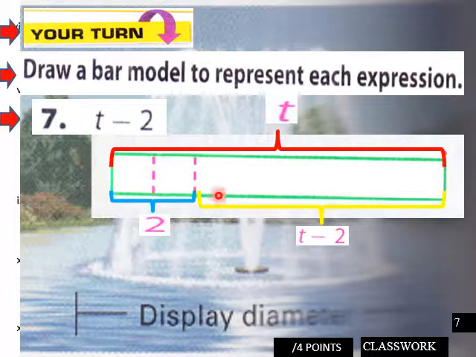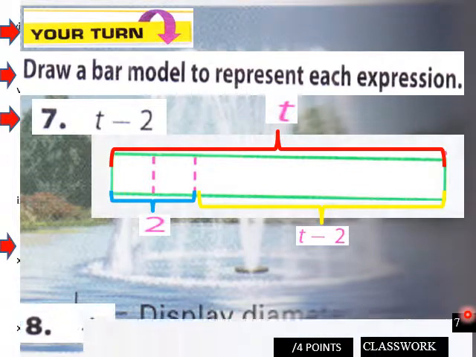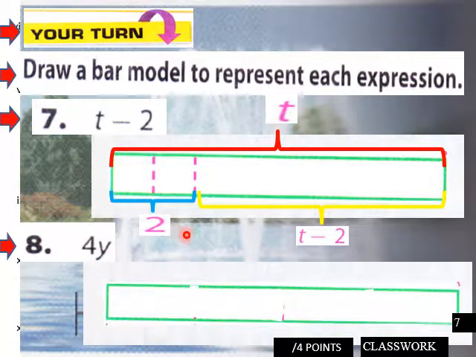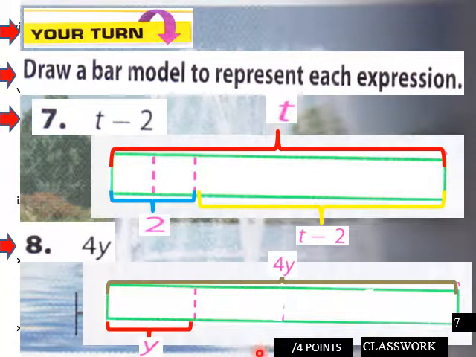This is very much a visualization of this mathematical operation. For y, draw a bar model for 4y. Here's y, 2, 3, and then 4.